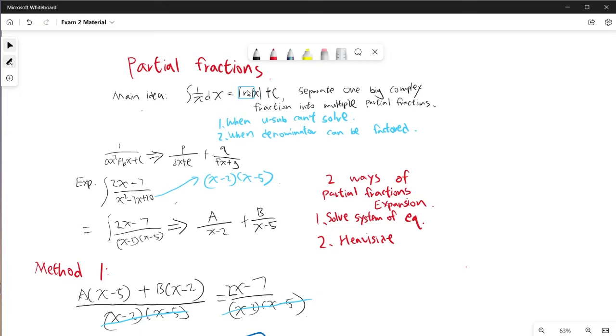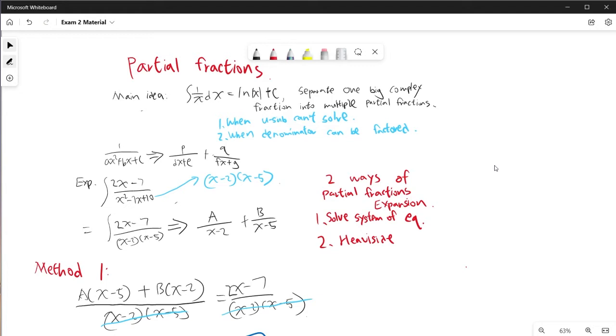Just as another reminder, these partial fractions tricks apply where you can't use any other things. If you can't use u-sub, you can't use by parts or any of the other ones, then try partial fractions.